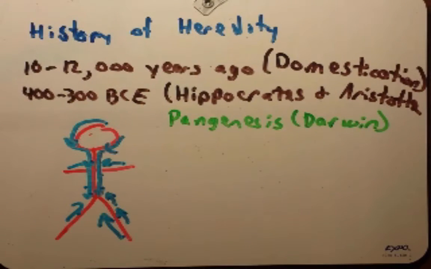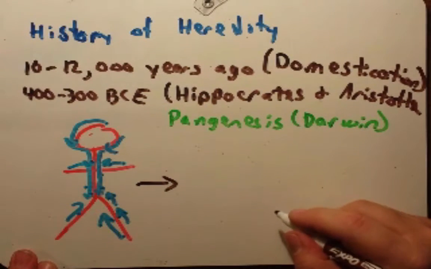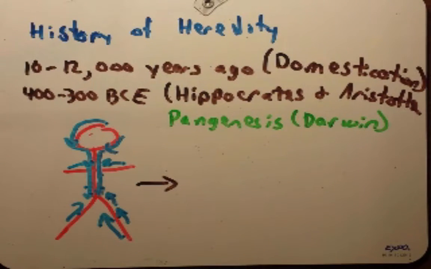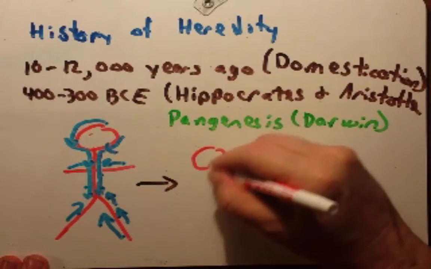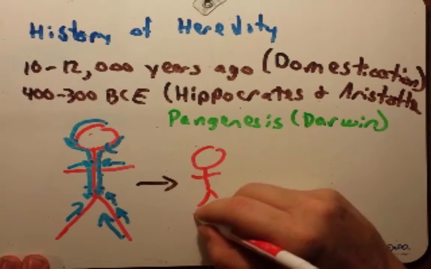And that's how, or they reasoned that when we had progeny, they ended up looking like the parent. So similar progeny would result because of this.